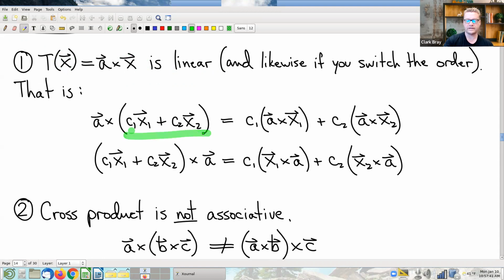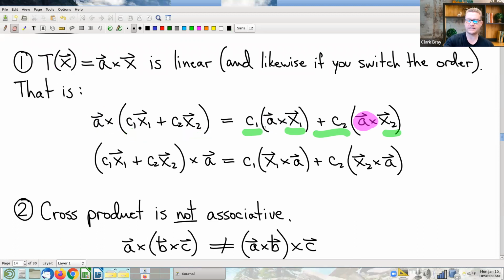When you take a linear combination of inputs that you're crossing with A, that's what our transformation T does, it crosses with A. A linear combination going in gives you a linear combination coming out. Okay, so that's that linearity.